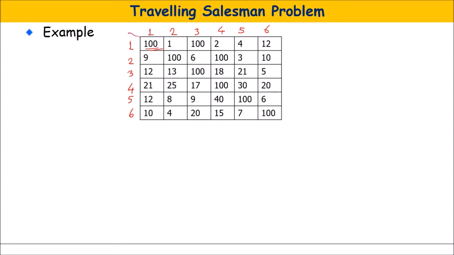This number is in fact a very big number, M. When you compare this number with the others, the 100s are very large. It means that they represent big Ms, they are infinities. And also you see the distance from city 1 to 3 is also 100. It means that we are forbidding this move. We don't want to go from 1 to 3.